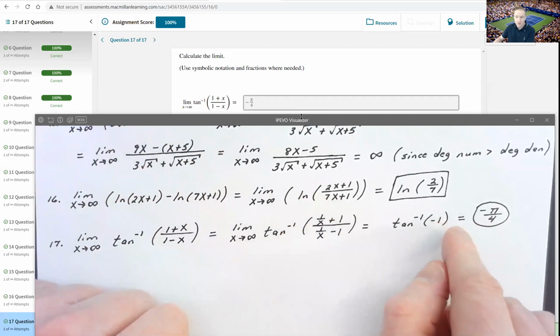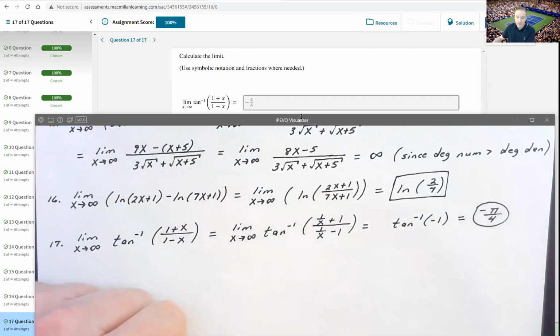And then you're supposed to remember, I always think of it in terms of the unit circle. When is the inverse tangent -1? At the midpoint of quadrant 4, it'd be 7 pi over 4 on your unit circle, but you can't say 7 pi over 4 because the range restriction for the inverse tangent function is between -pi over 2 and pi over 2.